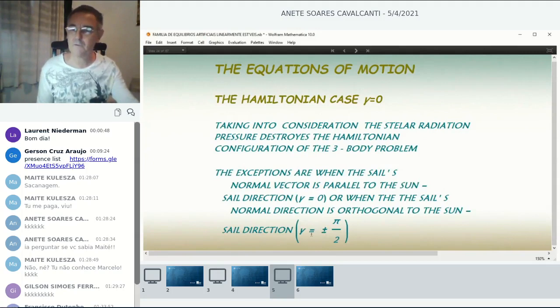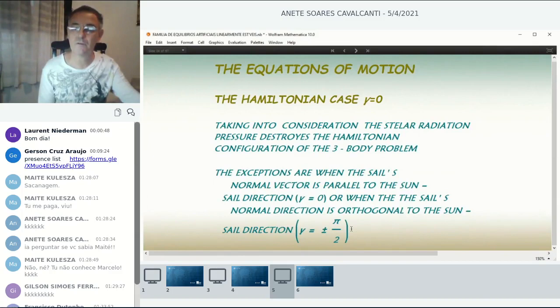We are not going to study the case where gamma is equal to plus or minus pi over 2, because this represents that the sail is parallel to the direction of sun-sail, and therefore the influence of the solar pressure is null in this case.